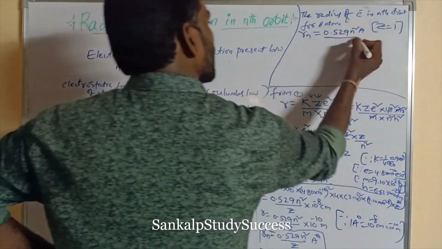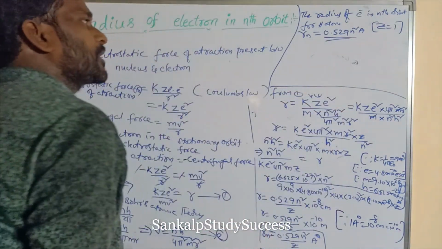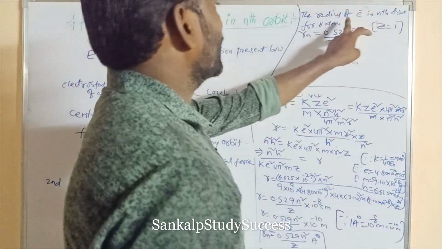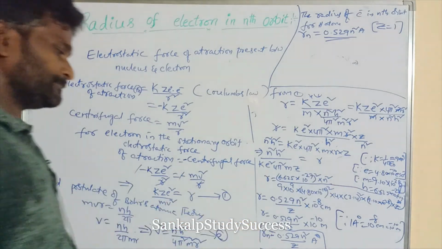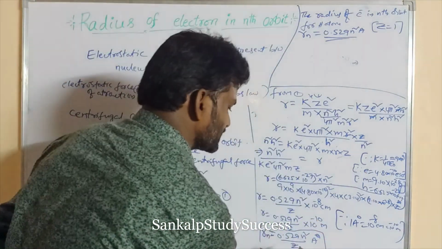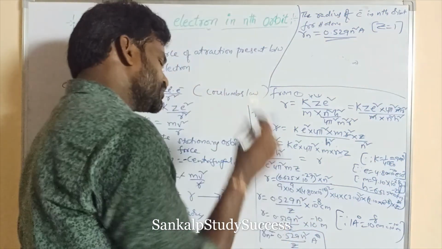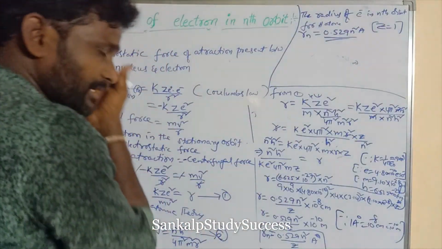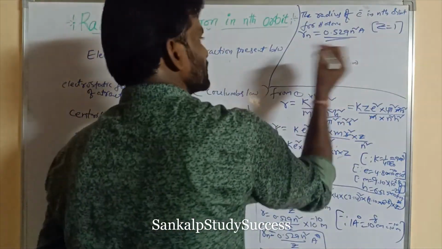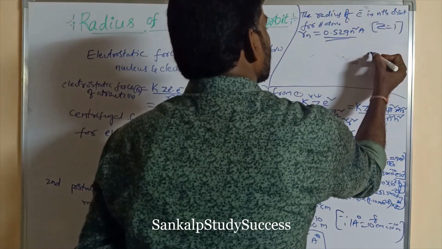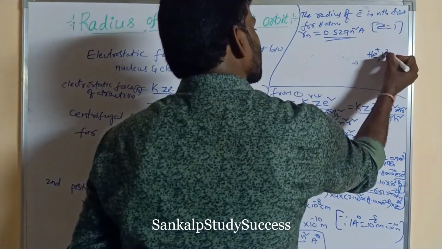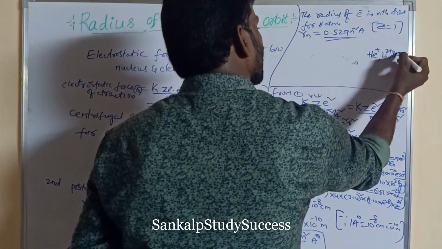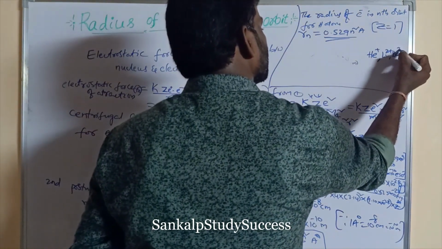So this is the formula for radius of electron in the nth orbit for hydrogen atom. This is for hydrogen-like species, like isoelectronic species with hydrogen. What is isoelectronic species with hydrogen? He plus, Li2 plus, and Be3 plus.